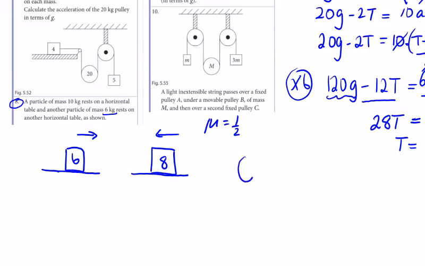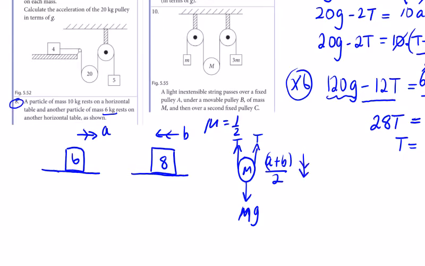And we have the mass with 2 strings of M, Mg, to big M, and acceleration of A, acceleration of B, and acceleration of A plus B over 2 in that direction.